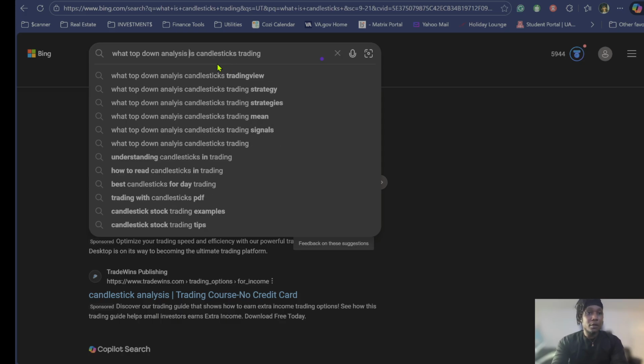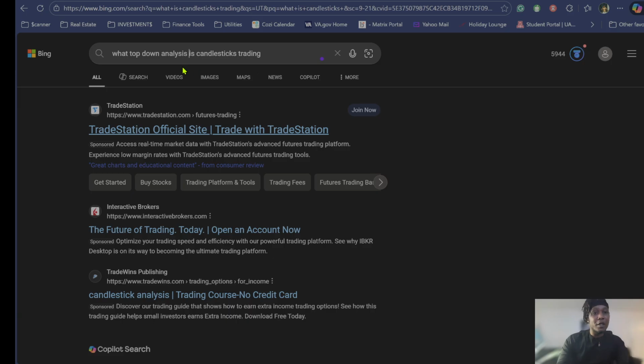Hopefully, I don't jack up my spelling while I'm showing you guys. But hey, this is not scripted, right? This is just me showing you some stuff. All right. Top down analysis in trade. Let's get it.